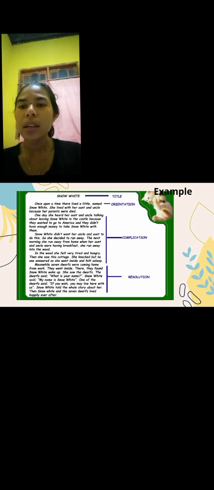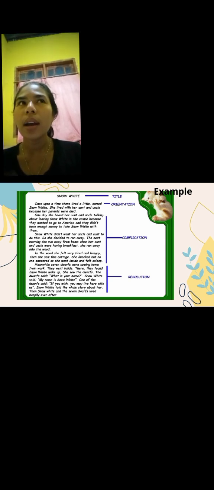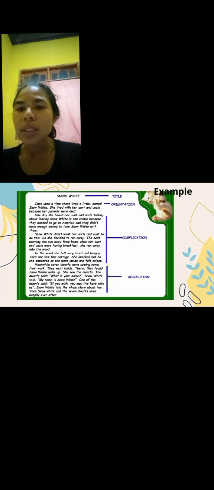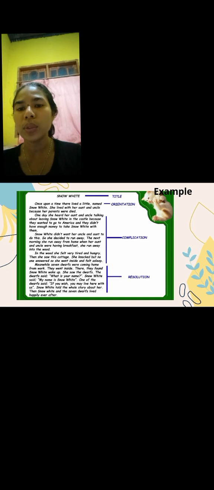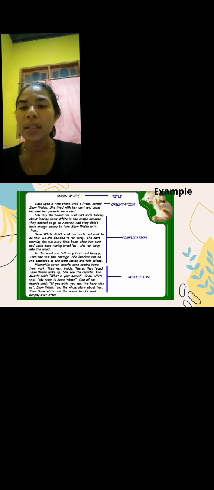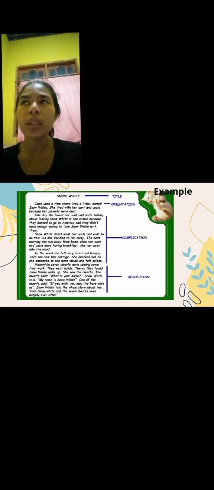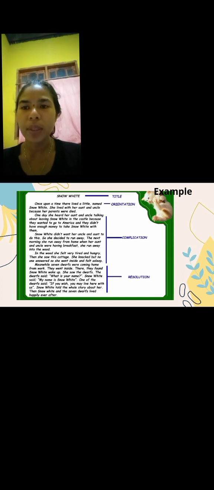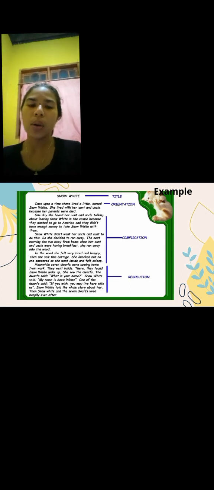And then complication, she has a problem, and this is explaining about her uncle and her aunt. And the last, resolution about her problem. Okay, that's all about narrative text.